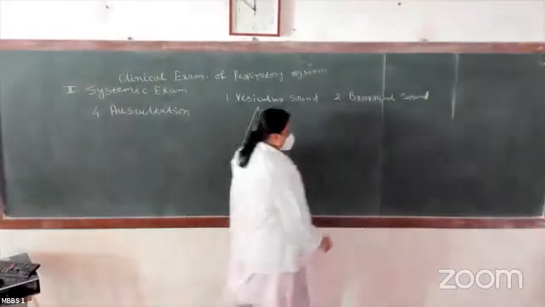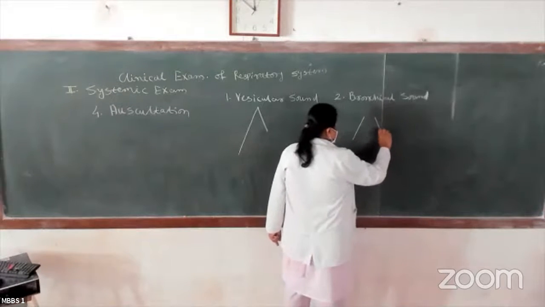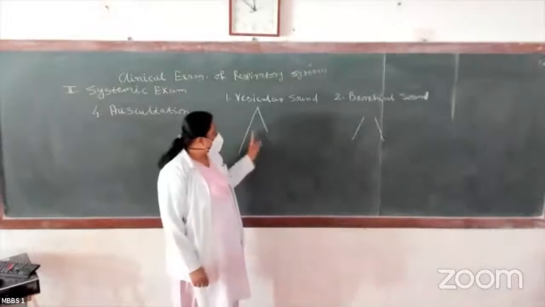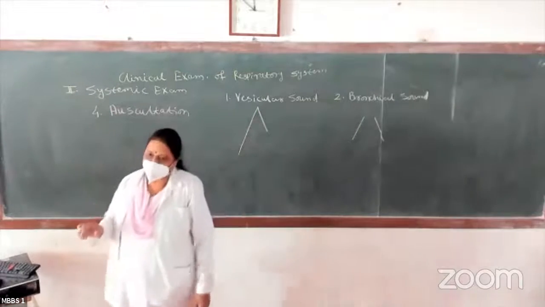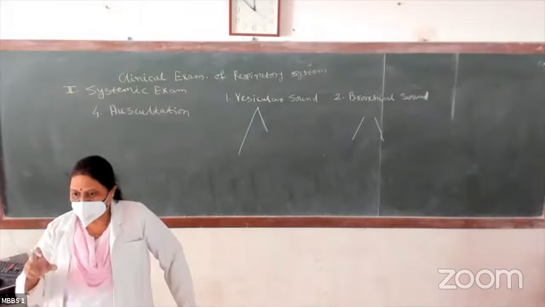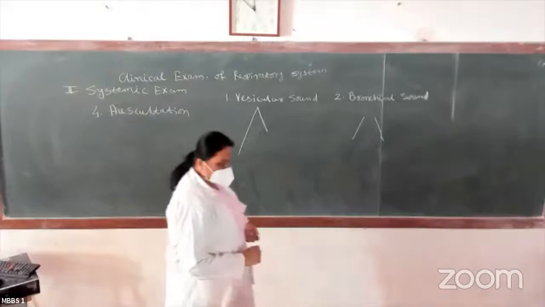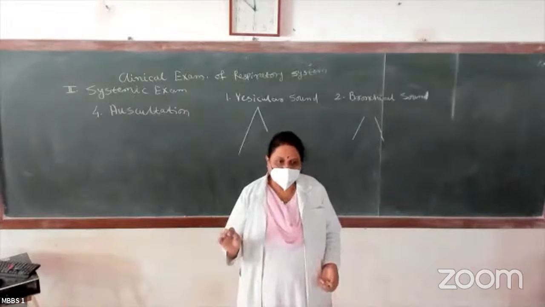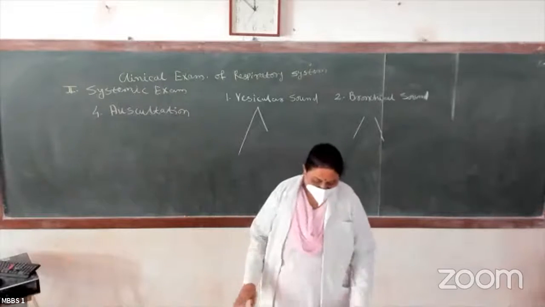For the bronchial sound, the inspiratory and expiratory phases are the same duration, and there is a gap between inspiration and expiration. So this is the vesicular sound and bronchial sound: vesicular all over the lung, bronchial only on the trachea, bronchi, and the right and left bronchus.